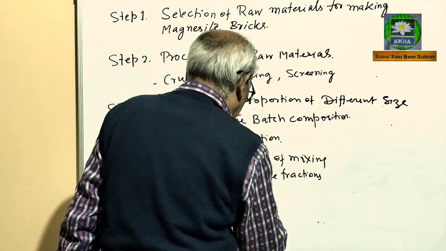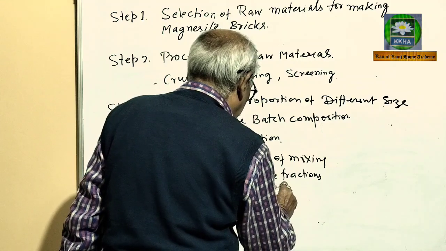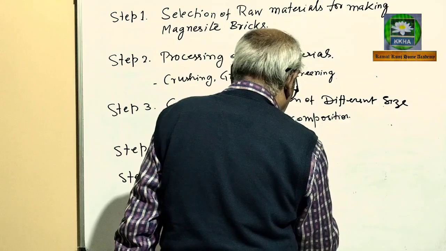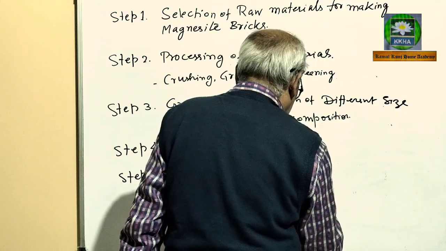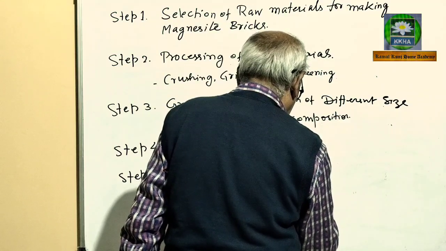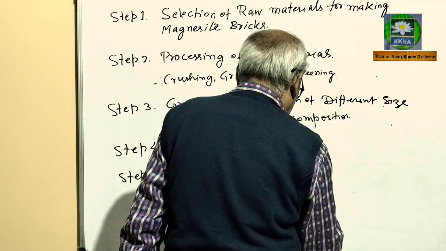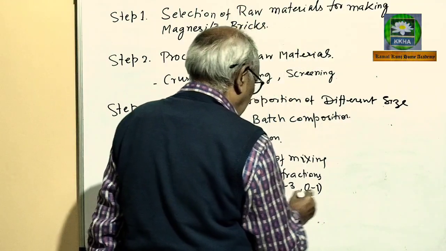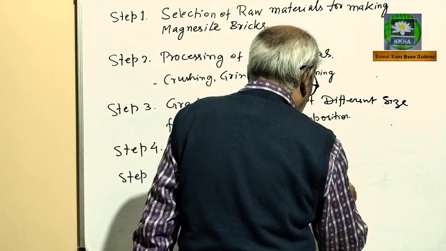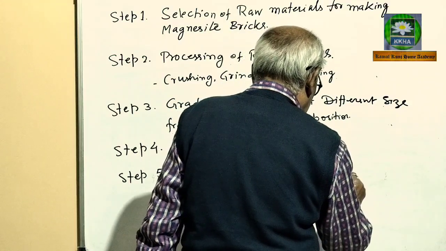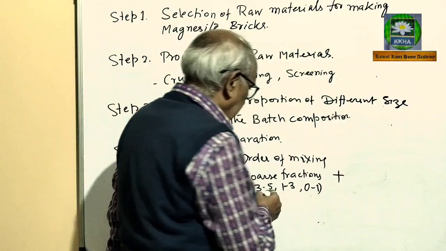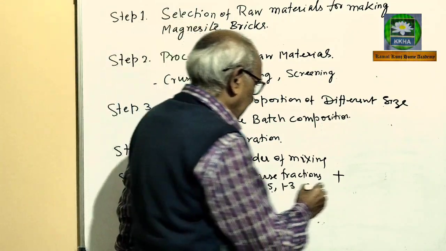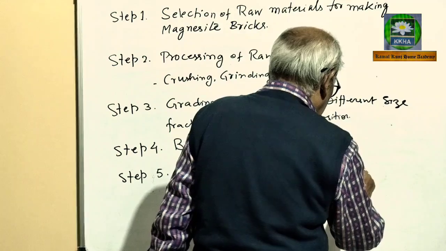That is 3 to 5, 1 to 3 and 0 to 1. Taken first, then mixed, initially dry mix for 2 to 3 minutes. Then binder is charged.